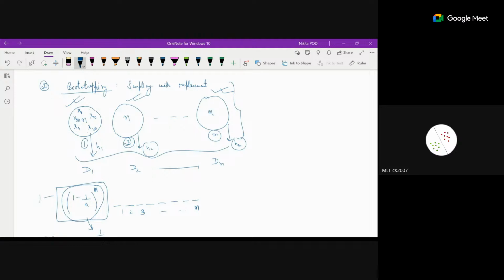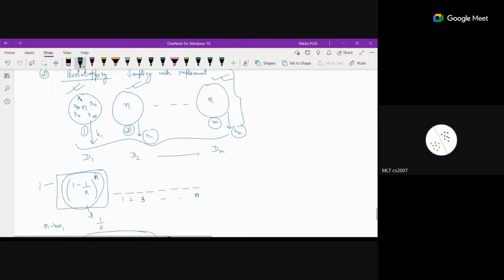So to achieve this, what we're going to use is the technique called random forest. Random forest is also a feature bagging technique.